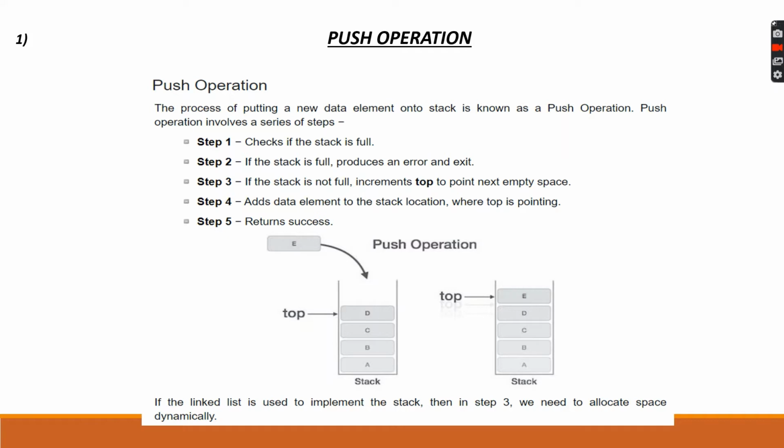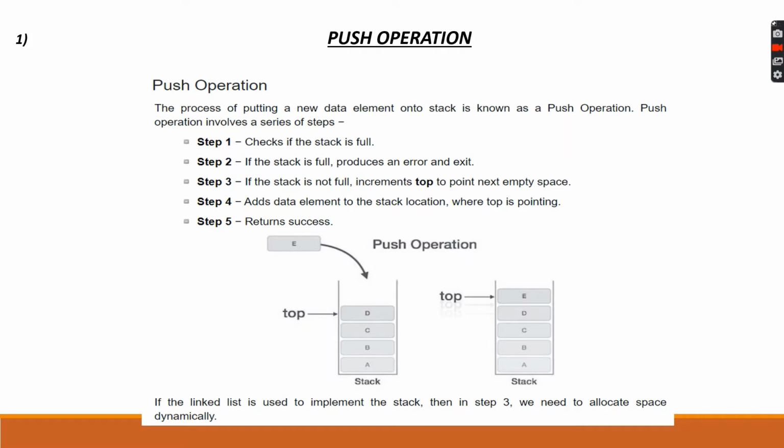And step 3, if the stack is not full, then you need to increment the top pointer to the next empty space. Fourth, at that empty space, where you have incremented the top pointer, you need to add the data element where the top is pointing. And step 5 is to return success of pushing the element to the stack.